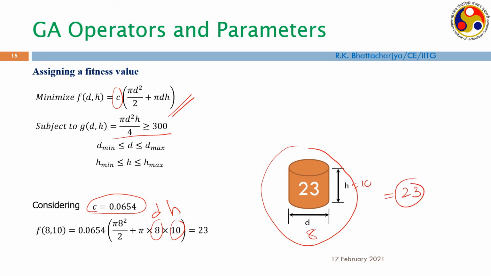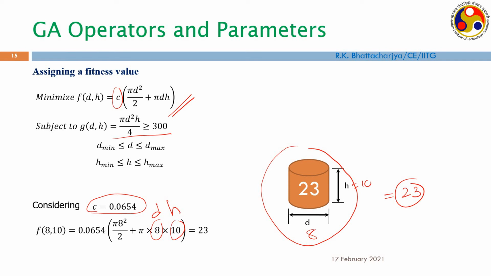So 23 is the cost function value. What we are doing here is trying to find the minimum cost. That means if this number is minimum, then that particular solution is a better solution. So you can say that this is the fitness function.